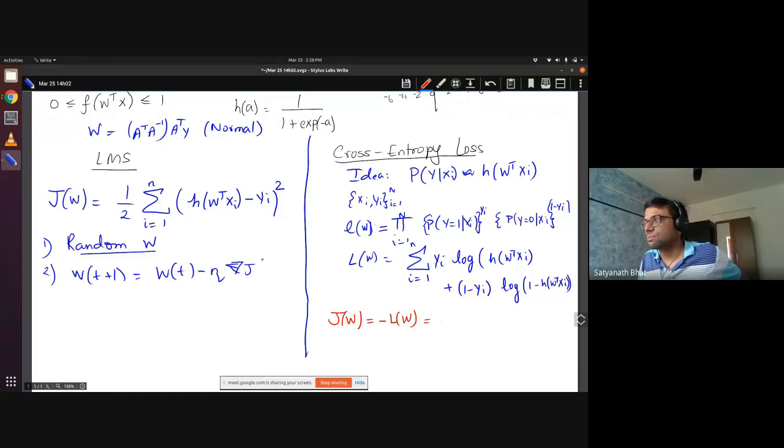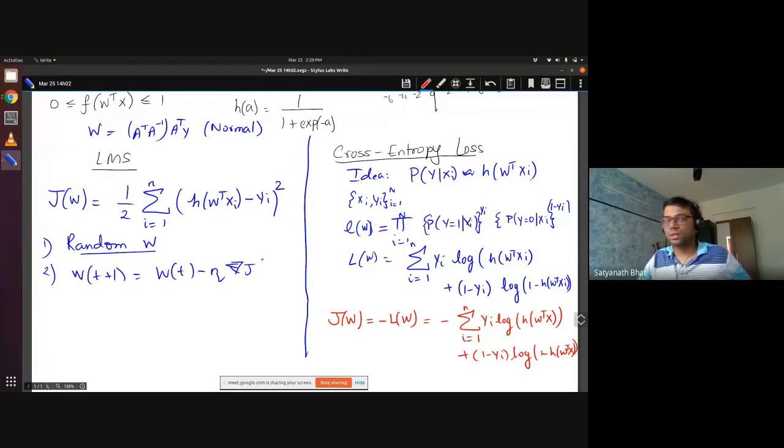So J of W is minus summation i equal to 1 to N of yi log h of w transpose x plus 1 minus yi log of 1 minus h of w transpose x. Now this is my new loss function.